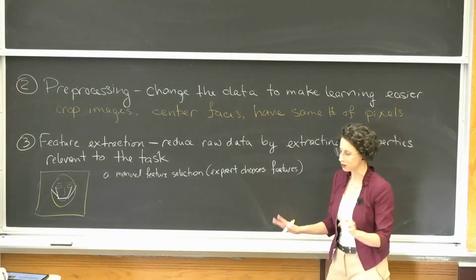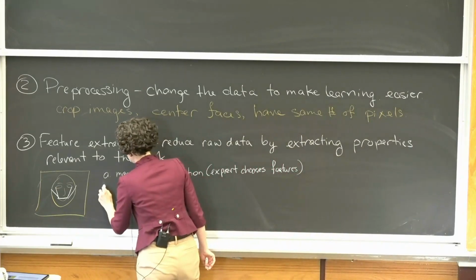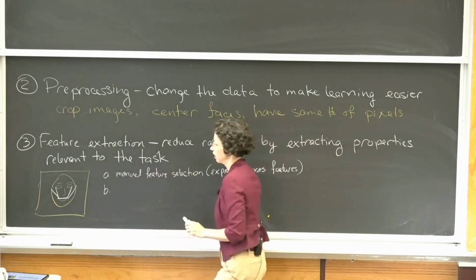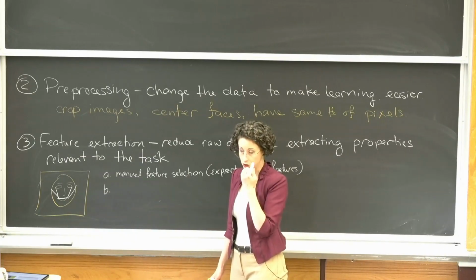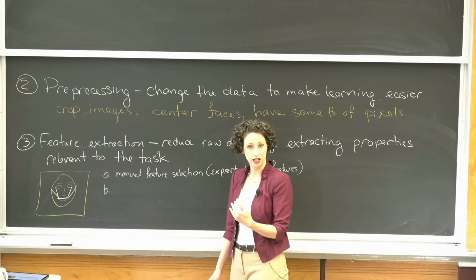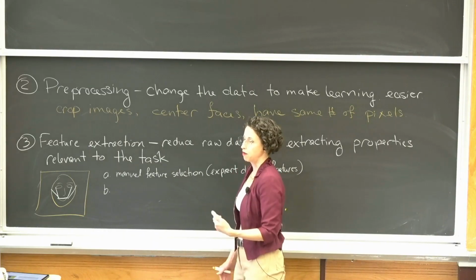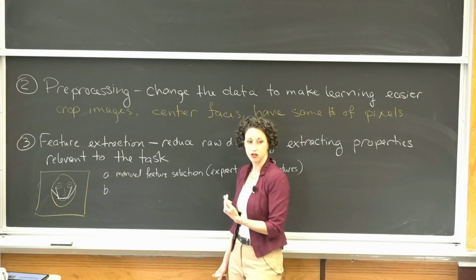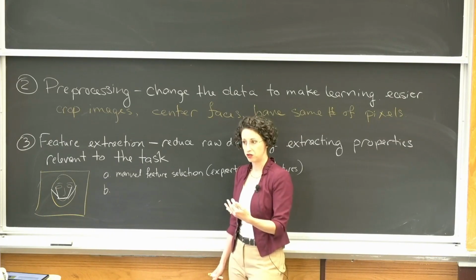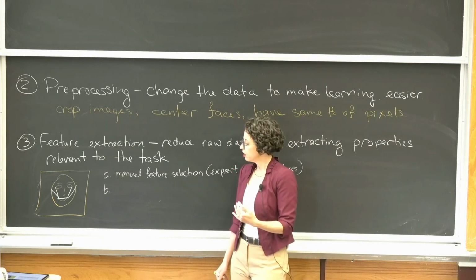I'm using the word expert loosely here. When we look at some modern tasks, or modern methods like using neural networks, what we saw in the intro slides is that those models can actually perform well even when we don't have feature extraction steps, and we're just feeding in raw pixel values into the neural network.